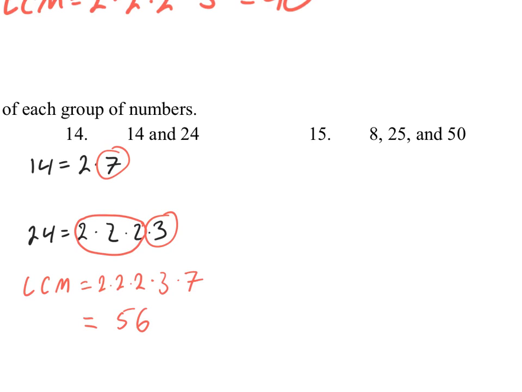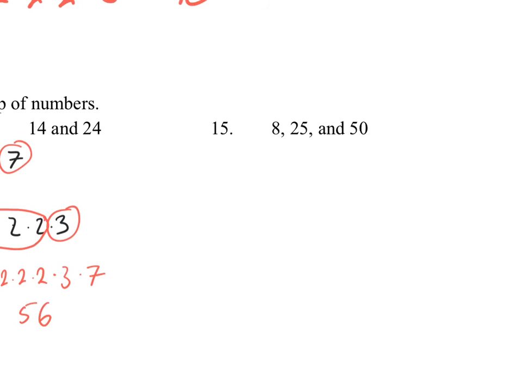So let's try this with 3 numbers. First, again, prime factorization. Once you have your prime factorization, identify the most of each factor. It's the least common multiple, but you want the most factors since multiples are larger than or equal to their original numbers.